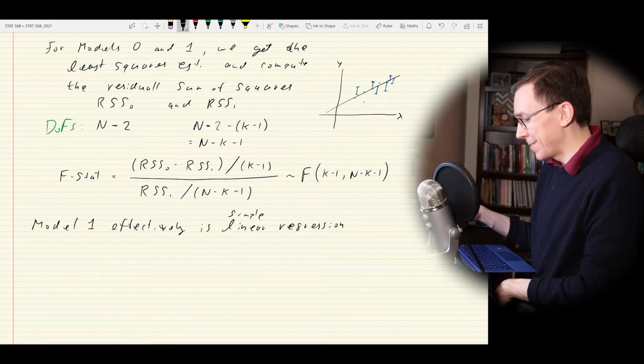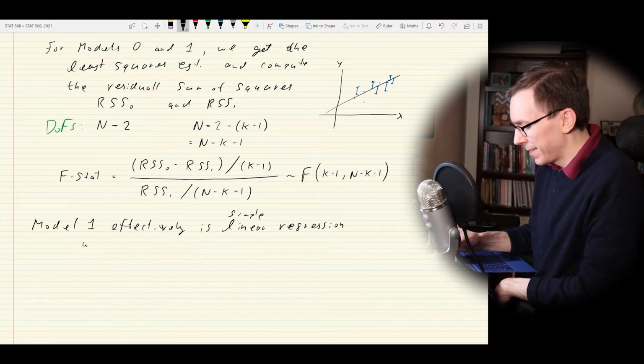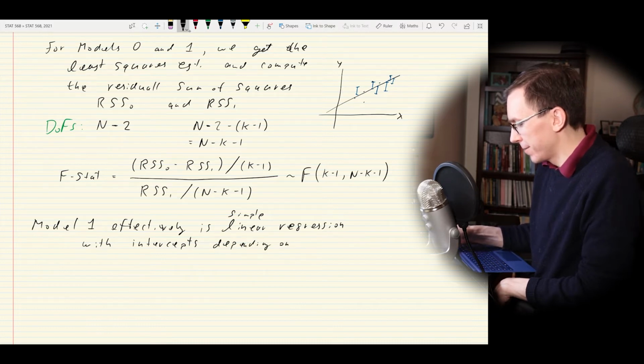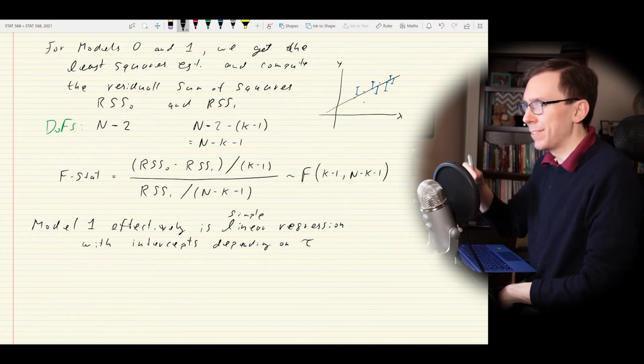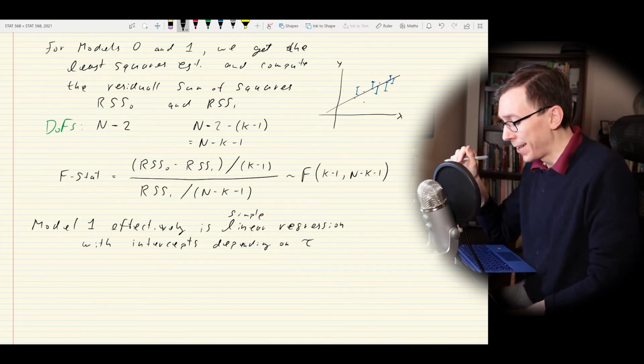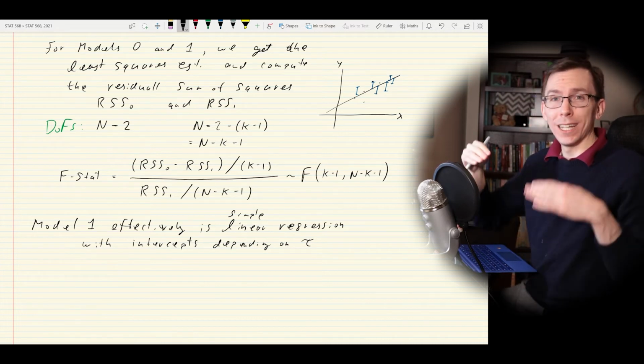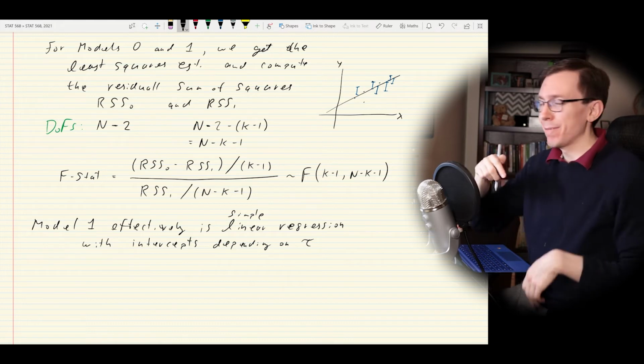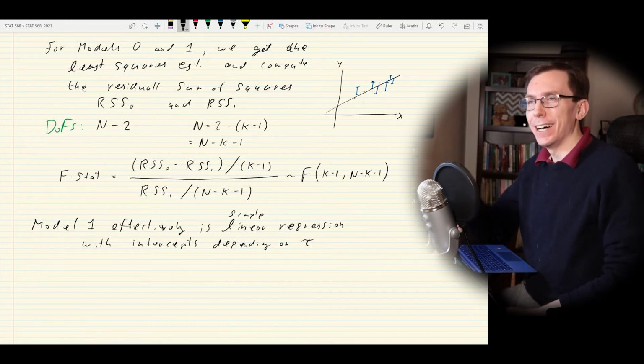So model 1 is effectively simple linear regression with variable intercepts depending on tau. I didn't give it an A or a B or whatever, so we'll just say on tau. So it's really like, instead of fitting one line to your data, you're actually fitting k lines to your data, one for every level of tau.